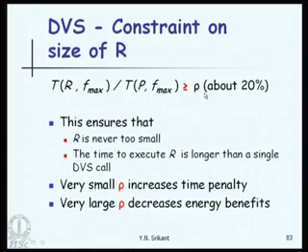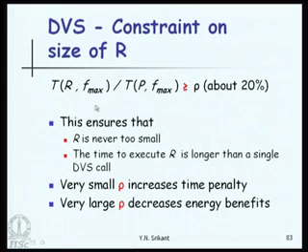Why do we want this constraint? The point is, if we have a very small region, then the number of instructions executed in that region will be very small. So, the time that the CPU spends inside the region R will be very small. If the region is very small, then the overheads of the switching, that is we have to switch to a lower frequency and then again to a higher frequency at the borders of the region R, may become quite substantial.